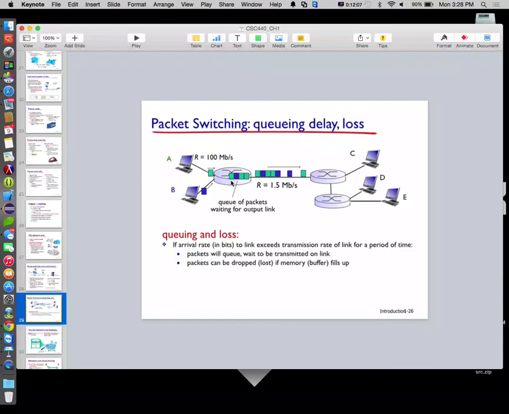What about RAM? A lot faster than hard drives? Sure. Is RAM big enough to store a lot of packets? Potentially.